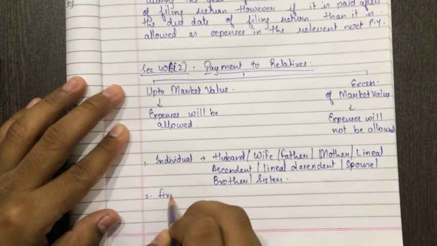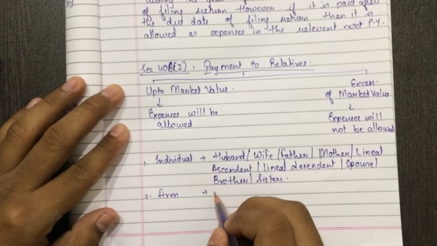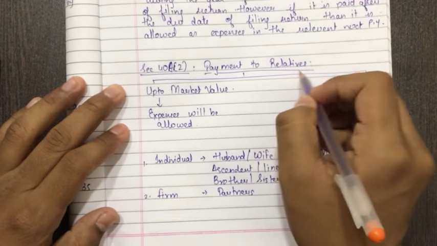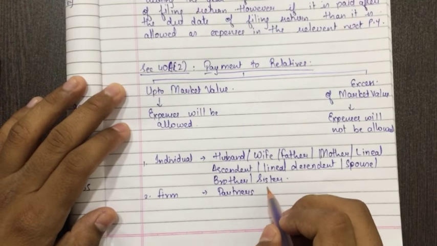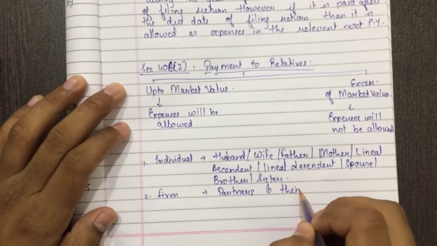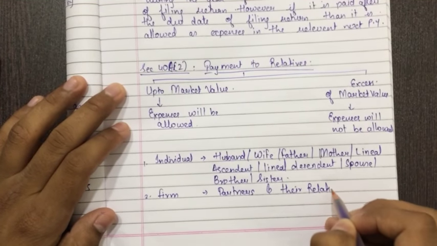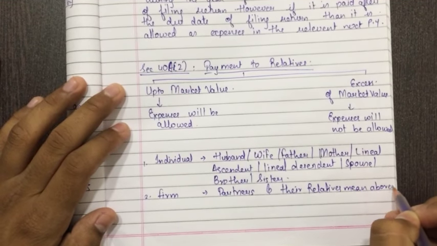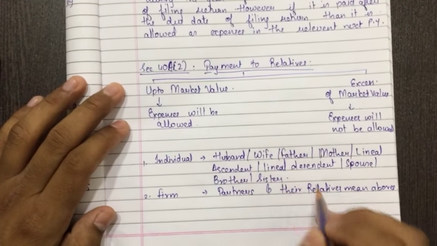If the business is a firm, then the following persons will be considered as relatives: partners and their relatives, and their relatives means the above. A partner may have all these relatives also.